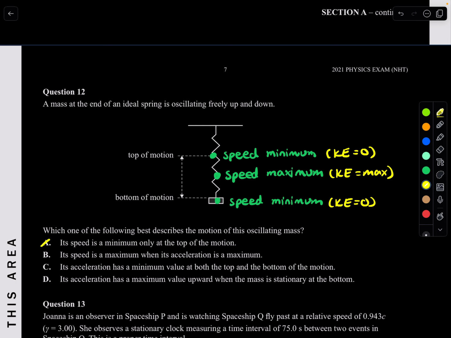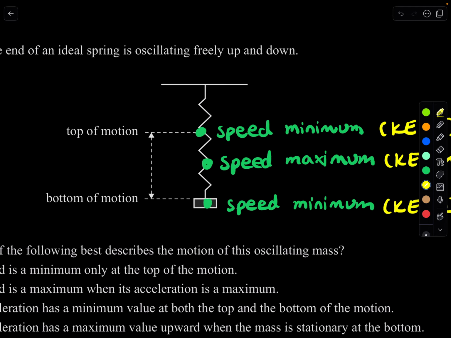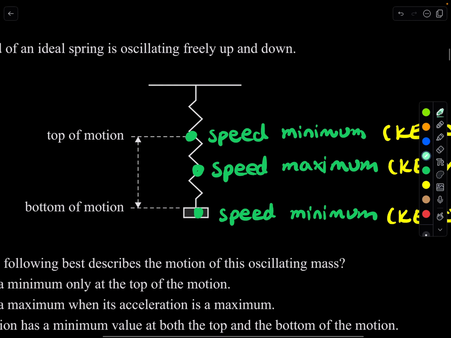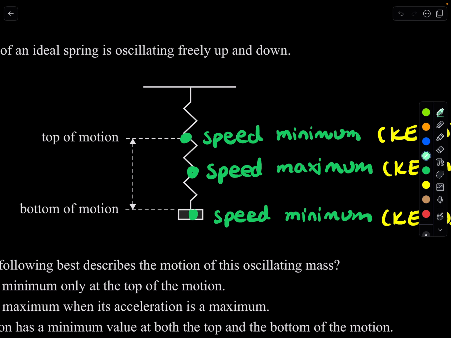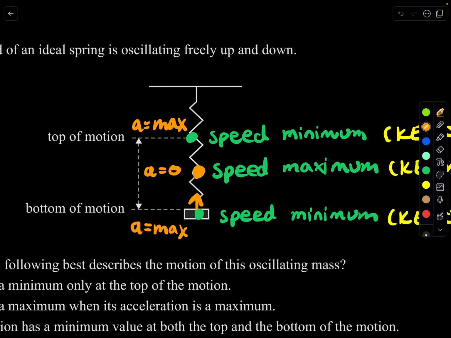B, its speed is at its maximum when its acceleration is at its maximum. We know that the acceleration is 0 in the equilibrium position, and the acceleration is at its maximum at the bottom and at the top. Think of it like this: when it's at its down position, it wants to accelerate upwards.